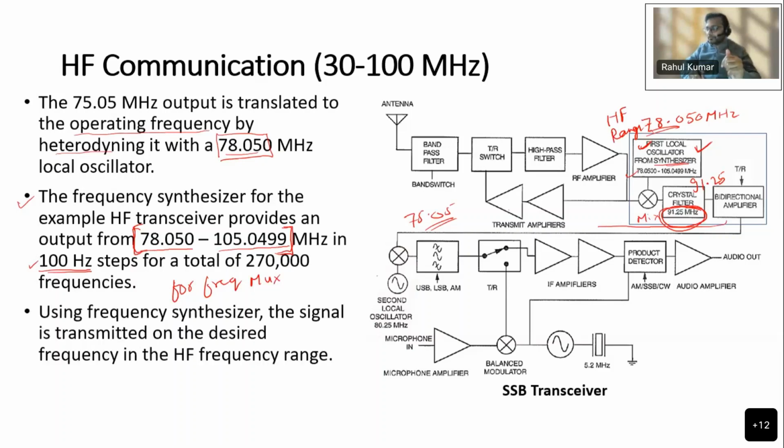Using the frequency synthesizer, the signal is transmitted on the desired frequency in the HF frequency range, right? Using this synthesizer, we will transmit different information on different frequencies within this HF frequency range.